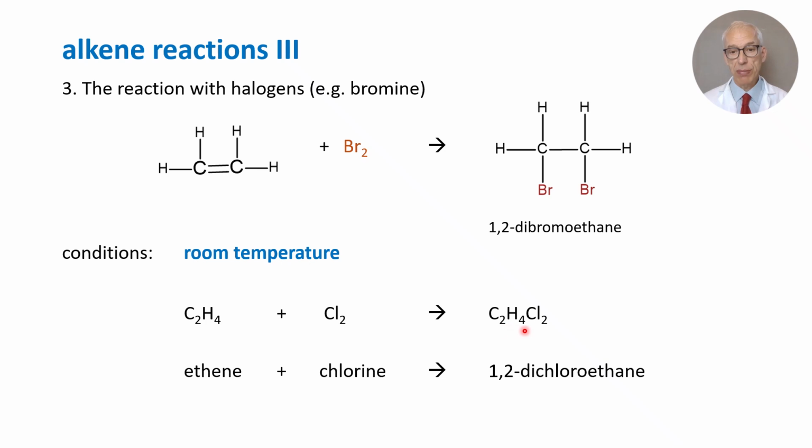The atoms on the left-hand side are all contained in the one product on the right, C2H4Cl2. So all of the atoms on the left-hand side are then included in the one molecule on the right. That is typical for the addition reactions of alkenes.